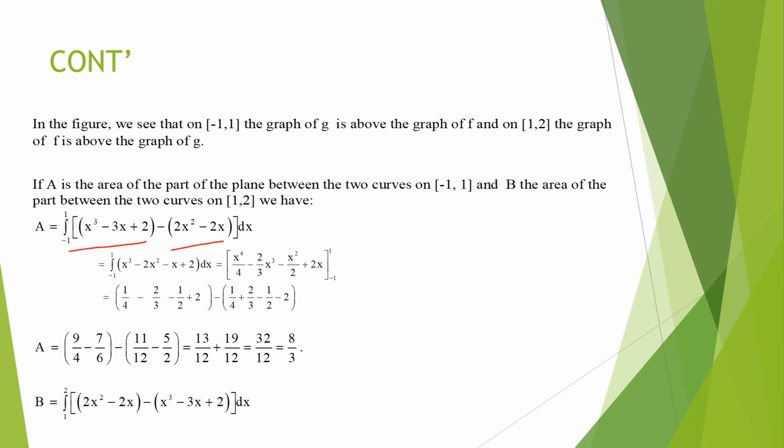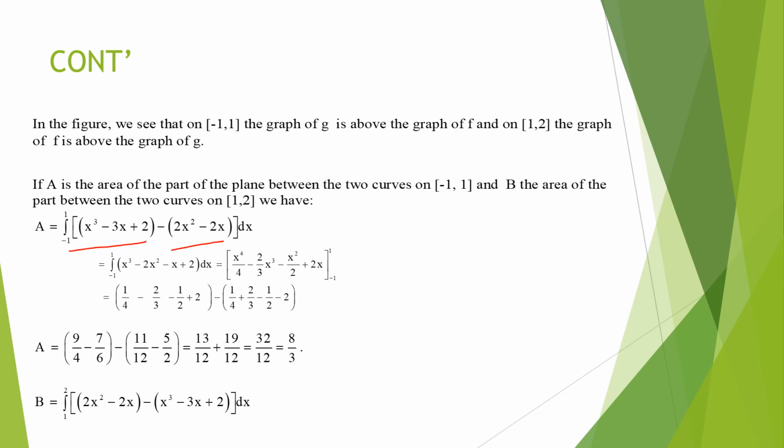So we are going to integrate as usual. The integration here will be x^4 over 4 minus 2 over 3 x^3 minus x^2 over 2 plus 2x from -1 to 1. We replace the upper limit and lower limit using the fundamental theorem of integral calculus.